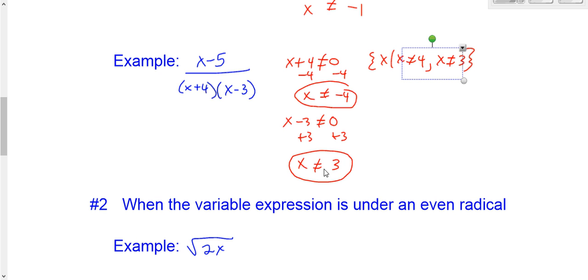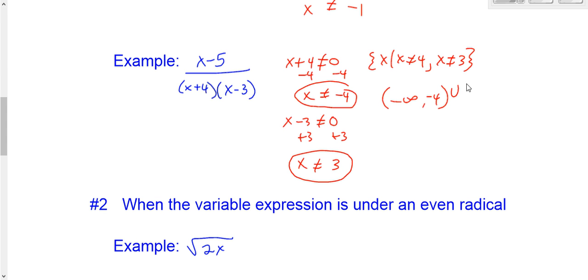In my interval notation, we need to go from negative infinity to the smaller value of negative 4. And again, we're going to have the parentheses here. Now, we can't just go from negative 4 to infinity because we have to skip over the 3.